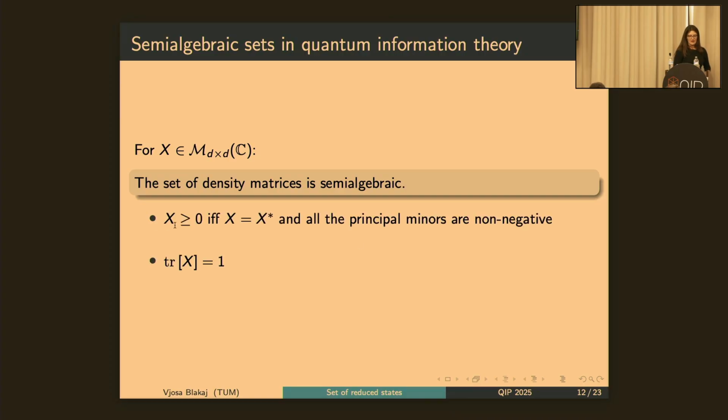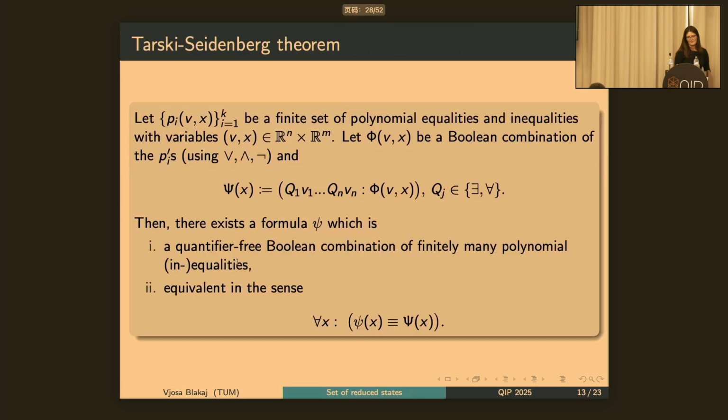Because we want our matrix to be positive semi-definite, and this is if and only if my matrix is Hermitian, which gives rise to a polynomial, and all principal minors should be non-negative. Of course, here the real vector space that I'm working with is the set of complex Hermitian matrices over R. And also I need to normalize the trace, which gives rise to another polynomial equality. And of course, since I have only finitely many of those, the set is going to be semi-algebraic.